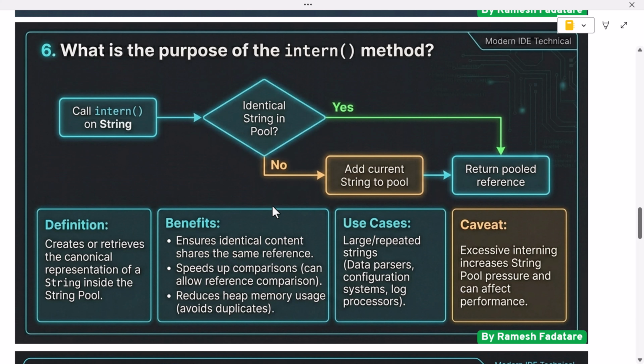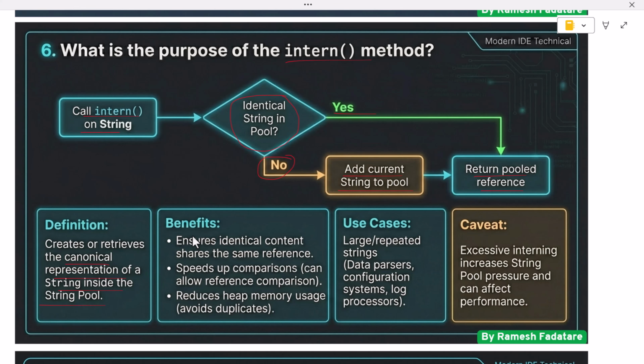Next, what is the purpose of the intern method in Java strings? The intern method creates or retrieves the canonical representation of a string inside the string pool. When you call the intern method on a string, Java checks whether an identical string already exists in the pool. If it does, Java returns the reference to that pooled string. If it does not exist, Java adds the current string to the pool and then returns the pooled reference.